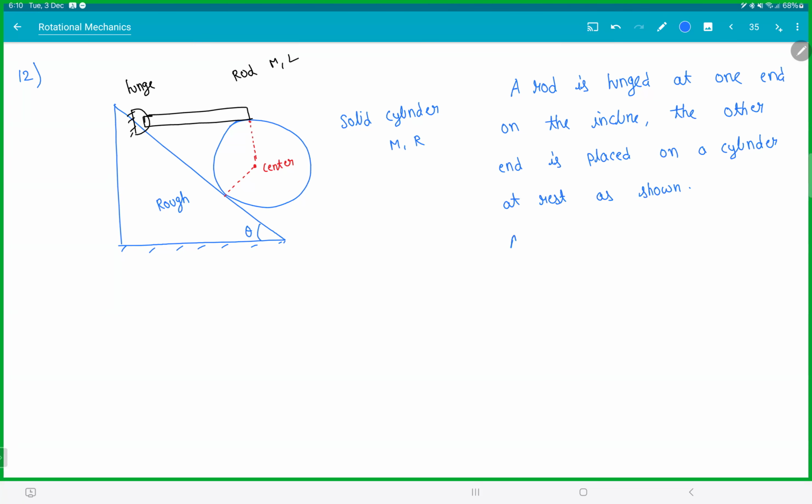All surfaces are rough, huh? Meaning there is a friction between the rod and the cylinder. There is a friction between the cylinder and the incline. All surfaces are rough and there's no slipping anywhere.